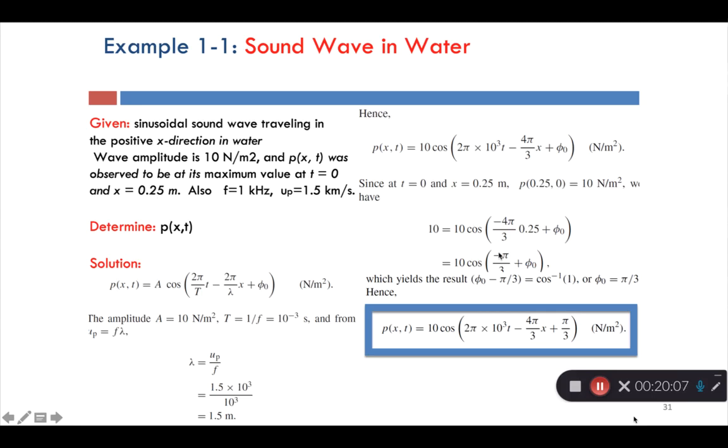So if you plug all that in, you easily get an expression for phi 0, and that turns out to be pi by 3, and he creates this relationship. Okay?